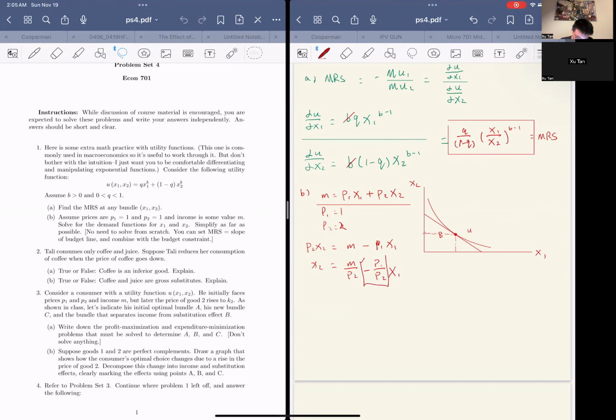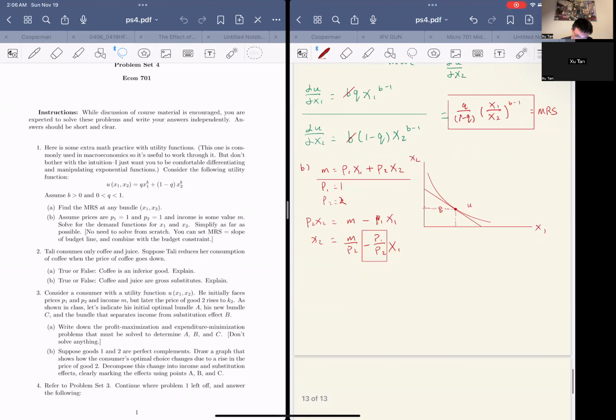The slope of the budget line is minus P1 over P2, which equals minus 1 over 1.